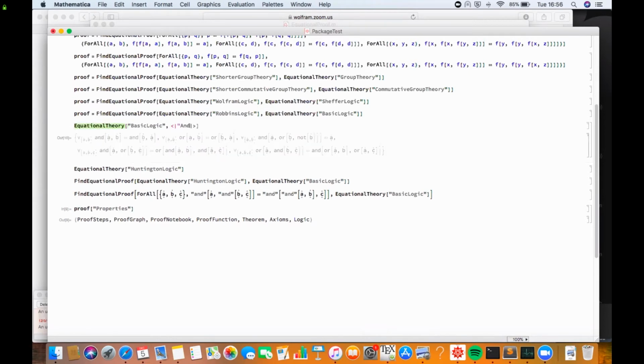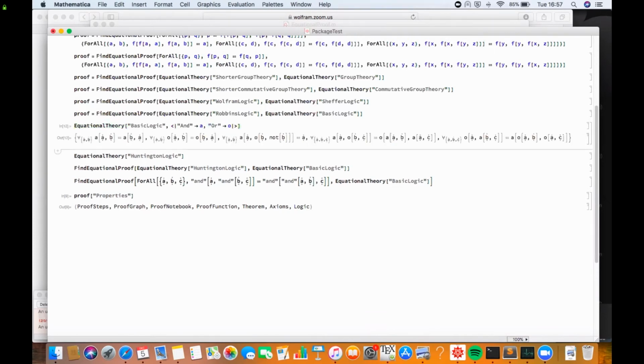So if you want to specify the AND operator is given by A, you can do that, or change the OR operator or something. And this just seemed to me to be a better and more flexible way of representing these axiom systems than having a data set with an association which you couldn't parameterize. Right, but where do these things come from? So these come from some resource, ultimately a repository of theories, but what about the theorems themselves?